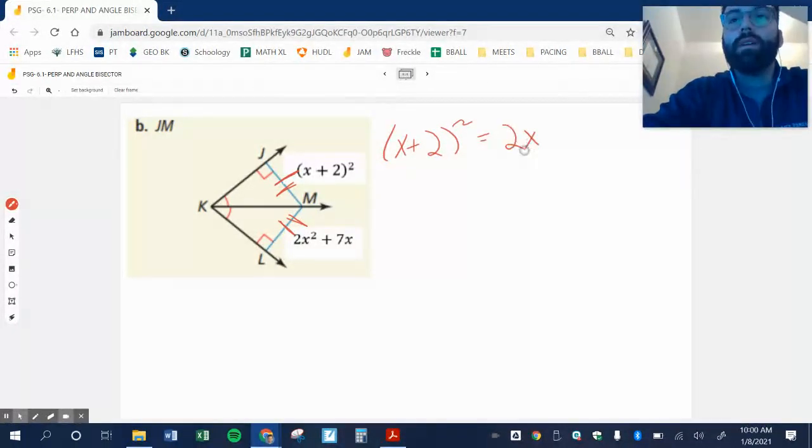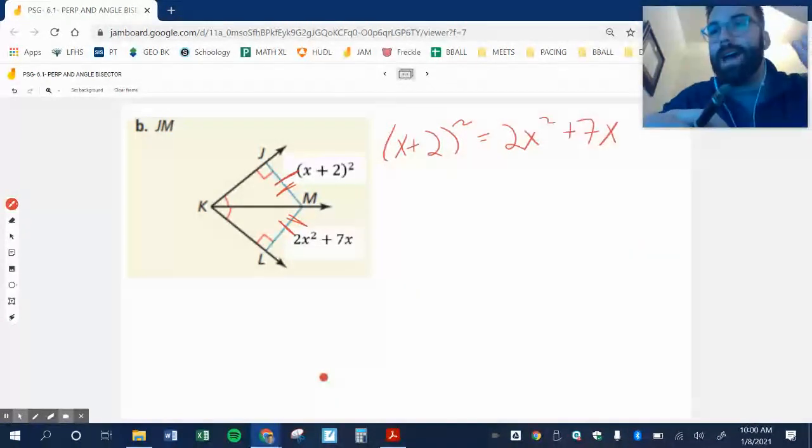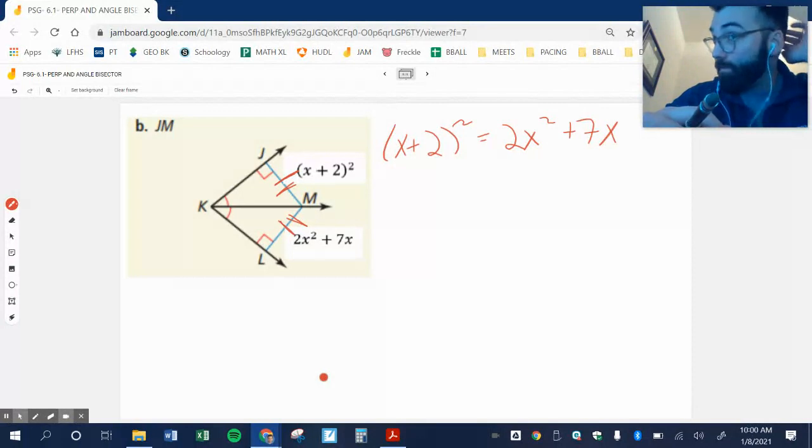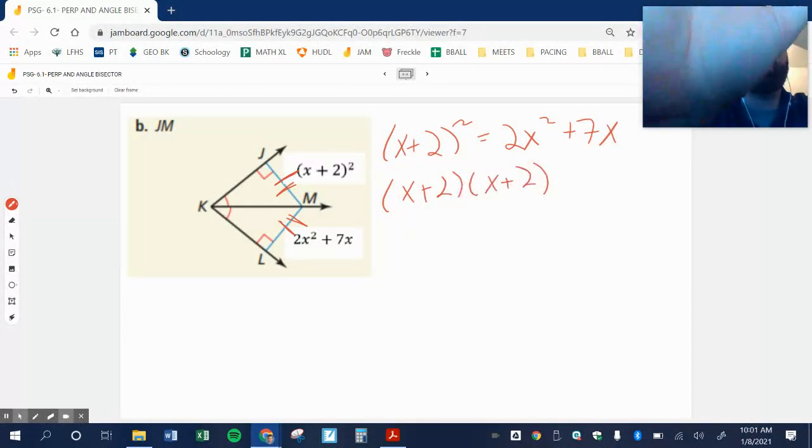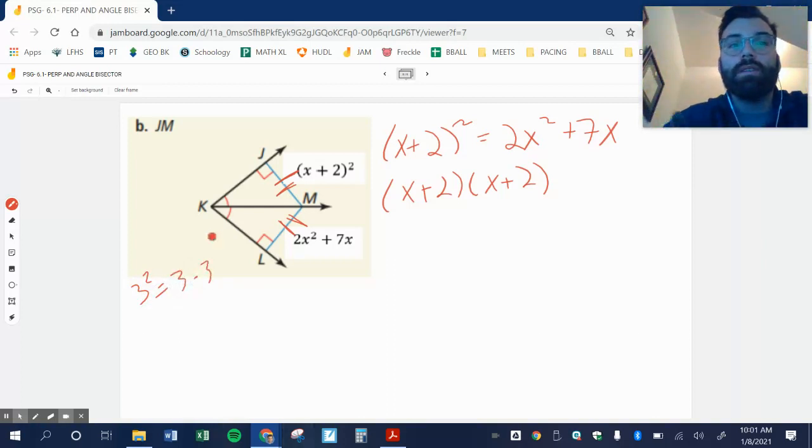X plus 2 squared is not x squared plus 4. It's not. X plus 2 squared is x plus 2 times x plus 2. Remember, 3 squared is actually 3 times 3, or 9. 4 squared is 4 times 4. 5 squared is 5 times 5. Same thing. If I square something, I have to write that thing twice. It's that thing multiplied by itself.